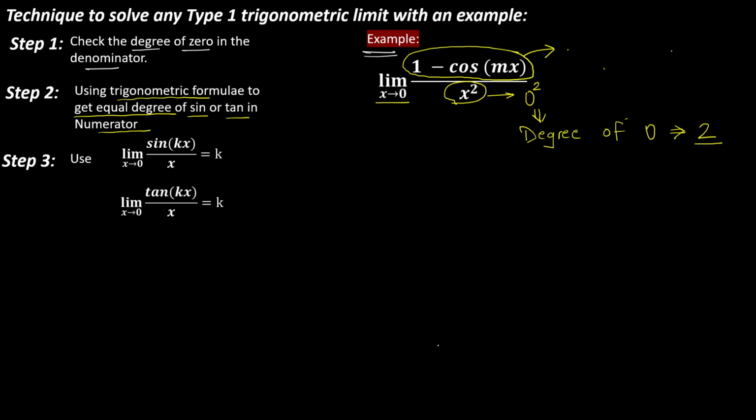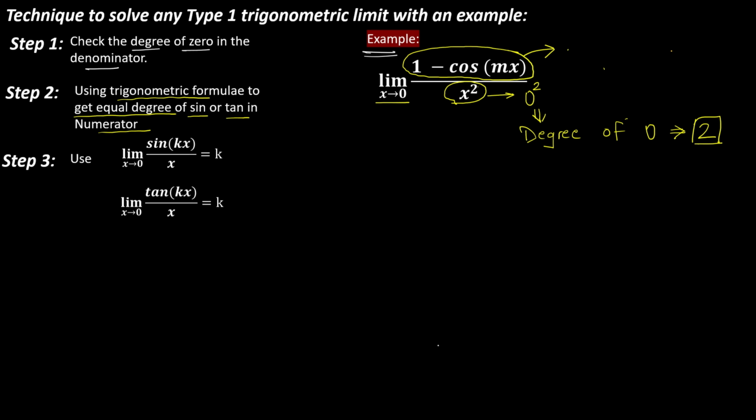In this case, 1 minus cos is going to give you sine. It will give you 2 sine terms that will make the degree of sine as 2 in the numerator.